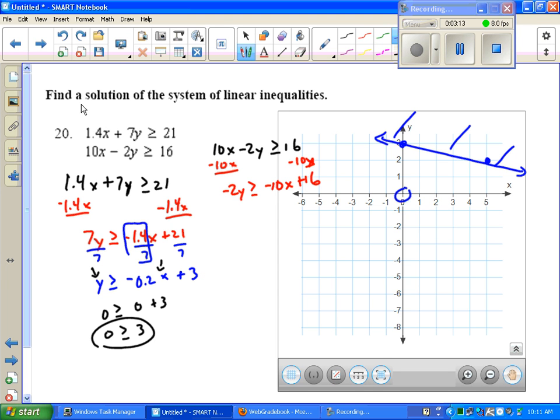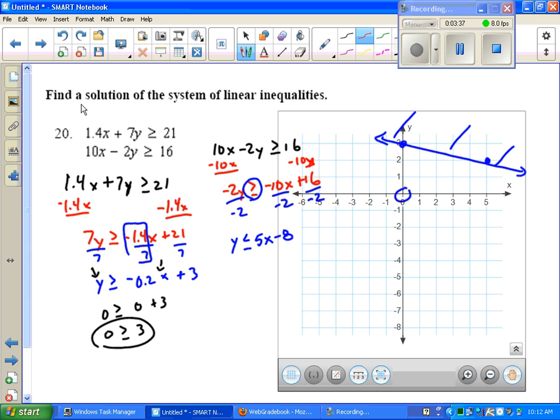Get rid of negative 2 times something by dividing by negative 2. Do likewise to everything on the right side. So you have y, negative divided by negative is going to be a positive 5x, and positive 16 divided by negative 2 is minus 8. But we divided by a negative number there. So greater than or equal to has to reverse and become less than or equal to. So that's our new inequality.